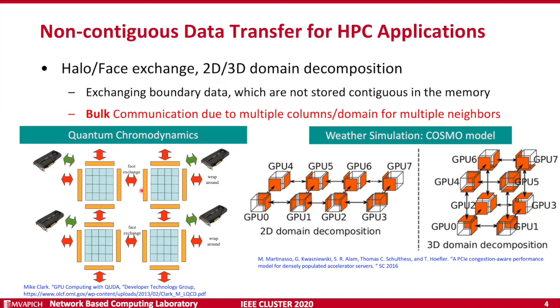The key idea is that if you distribute your workload and data to different GPUs, at some point you have to synchronize the results. This is where you have to exchange the boundary data, which is not contiguous in memory, for example these columns or these domains between the GPUs.